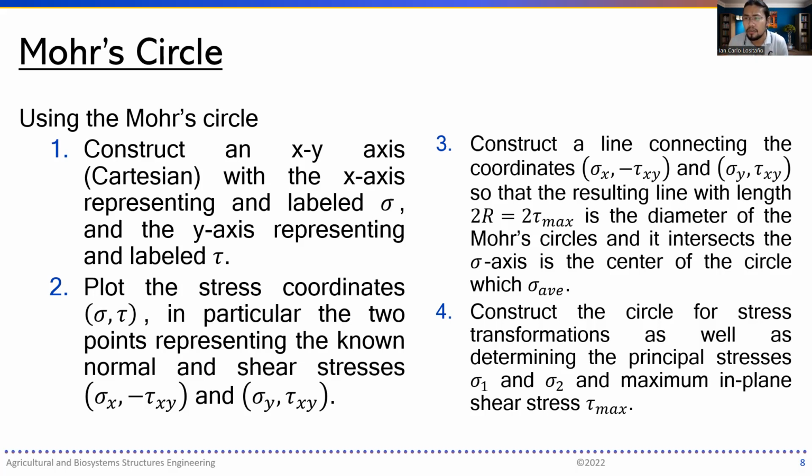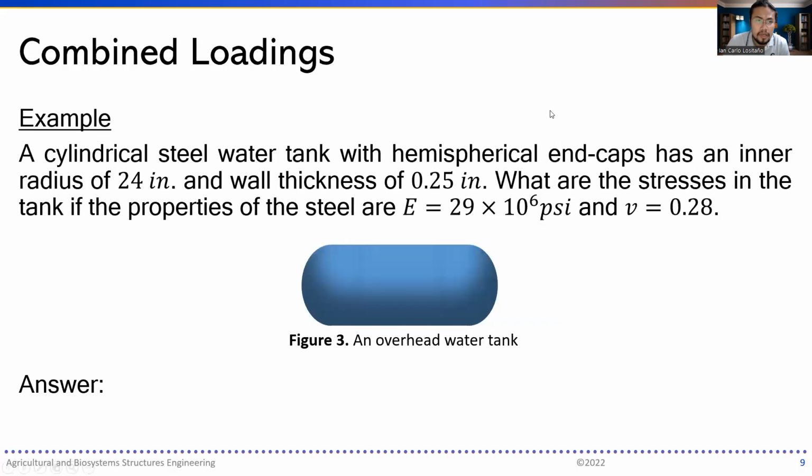We'll try to look at an example for this, using an example from the previous discussion. So you have the same cylindrical steel water tank with end caps, the radius of which is 24 inches, and the wall thickness.